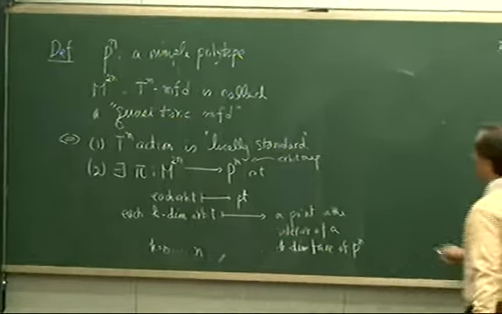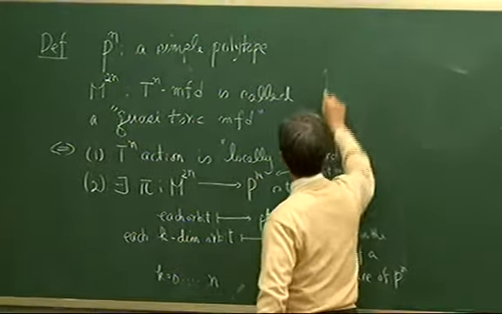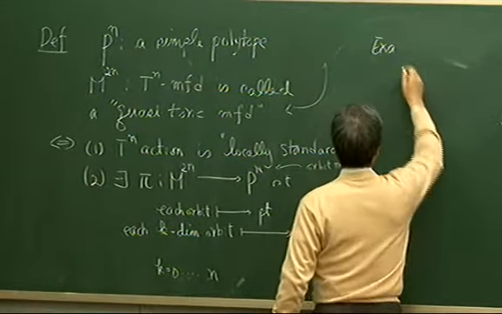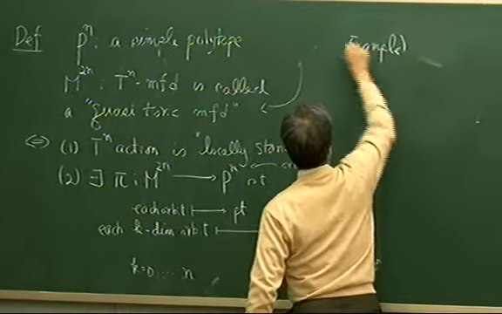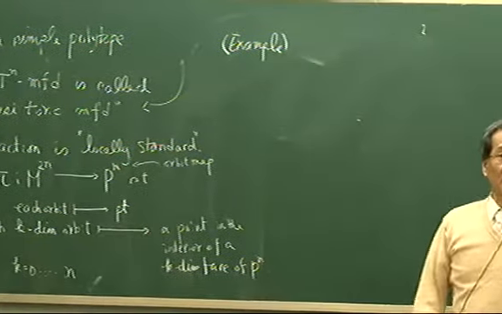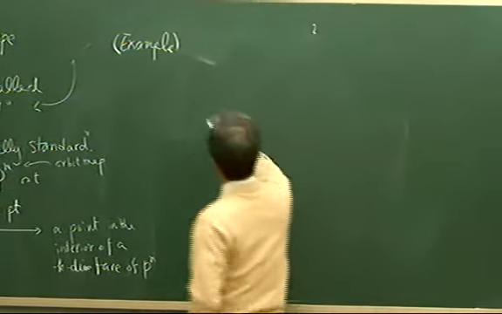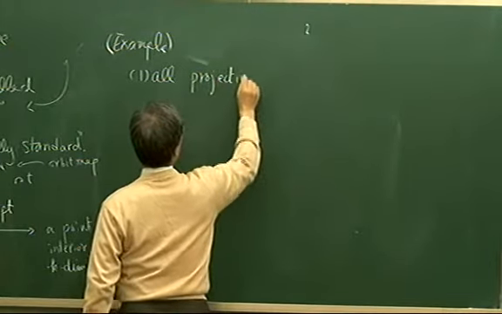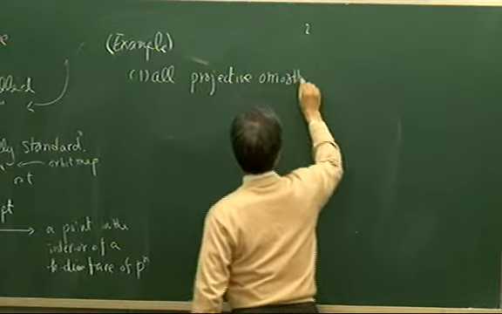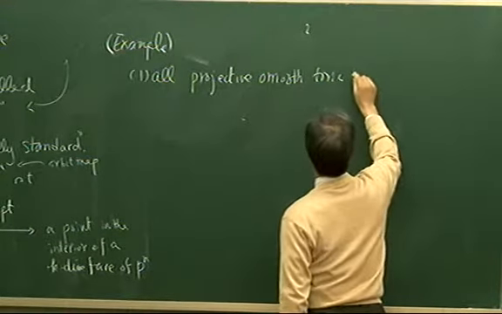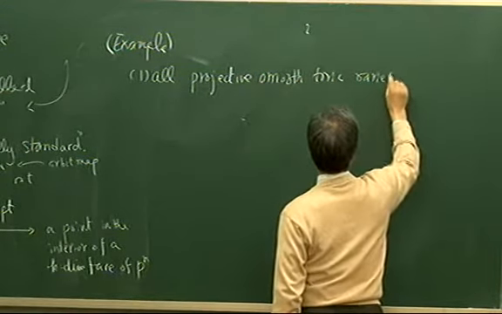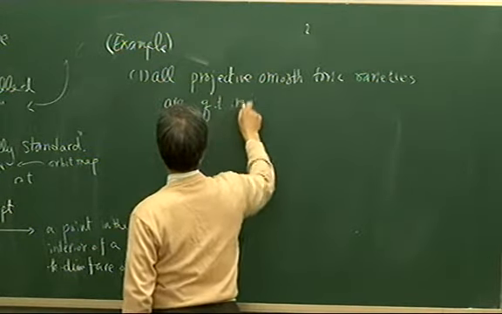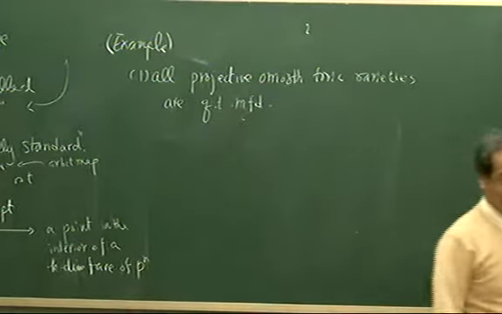Let me give you an example. For those people who know what a toric variety is, all projective smooth toric varieties are quasi-toric manifolds in the algebraic chart.